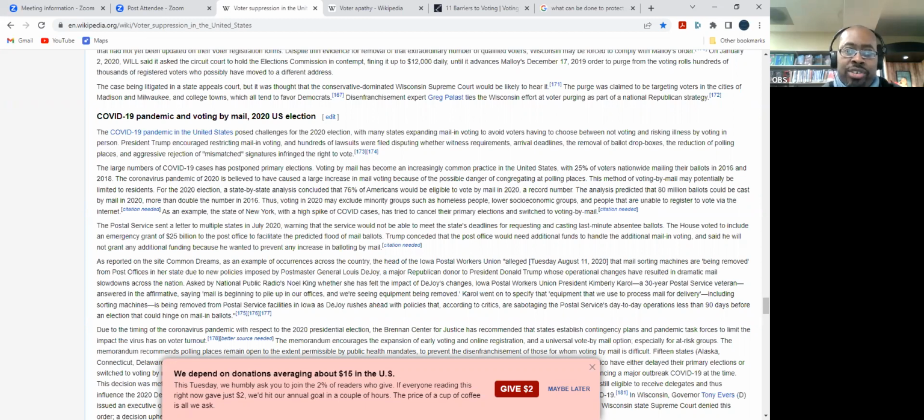Of course, that occurred during COVID, but again, we also saw a record number of voters. As a matter of fact, over 170 million people voted that year. And the majority of those votes were mail-in votes.